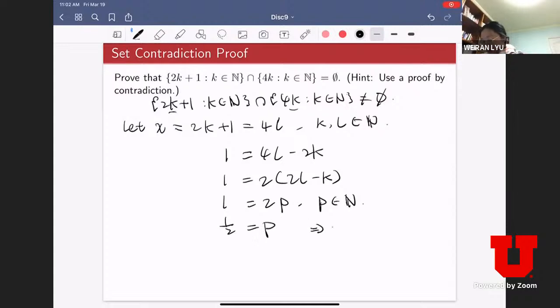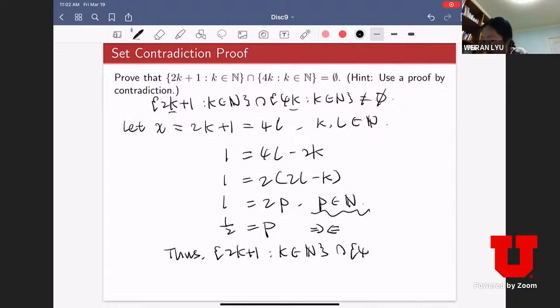And clearly this is a contradiction because we already defined that p has to be a natural number. Thus the original statement is true. The intersection of these two sets is empty.